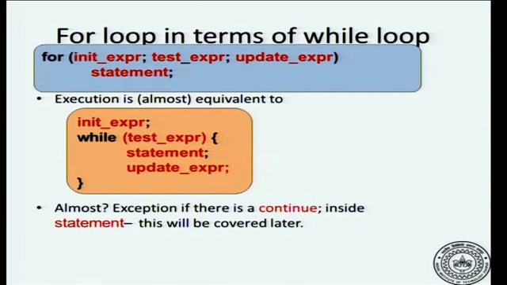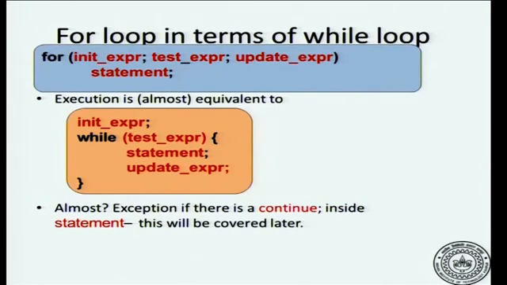So if you have a for loop, you can write the equivalent code using a while loop. Or if you have a while loop, you can write an equivalent for loop by looking at this form and how it is translated to the corresponding for loop.